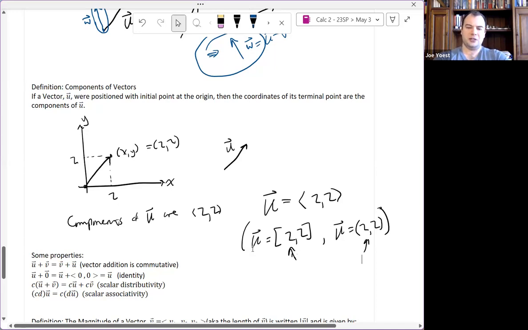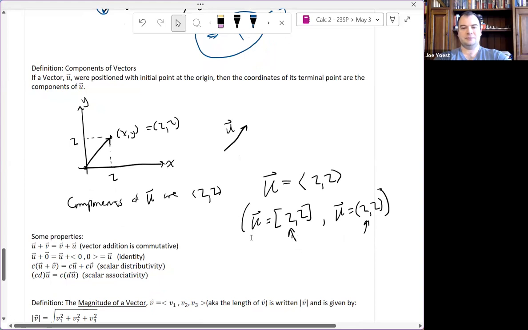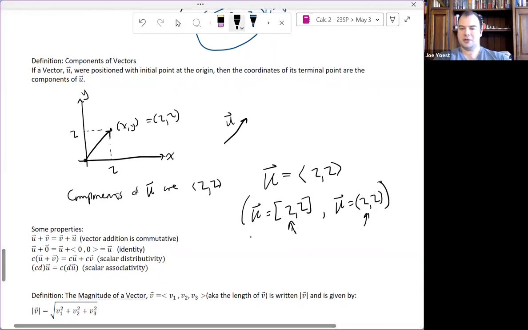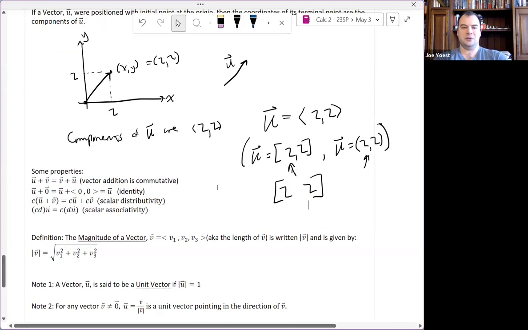But in linear algebra you're not talking about intervals so much, so a lot of times you'll use square brackets. You sometimes also see it written without a comma. So it's very context dependent which notation you see.